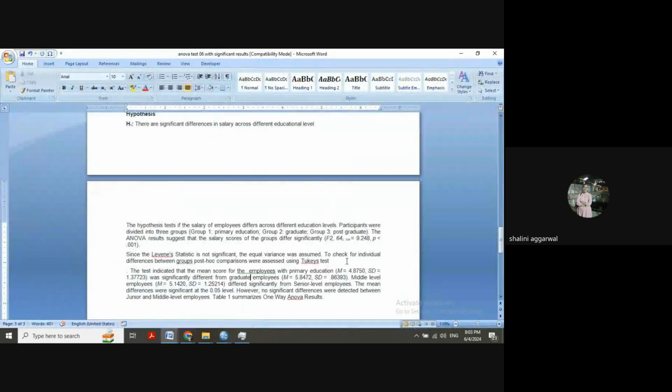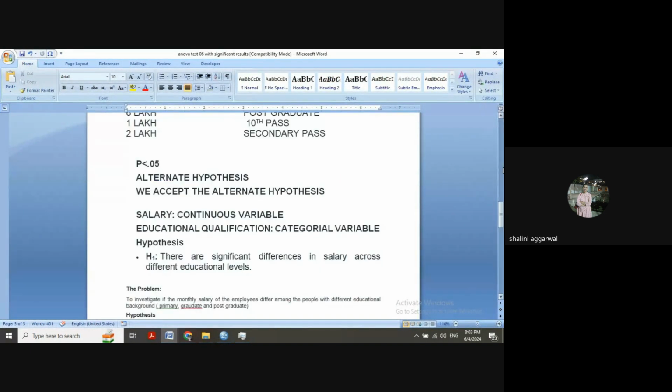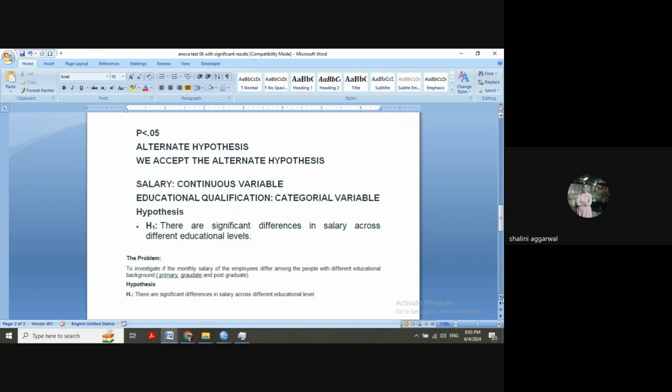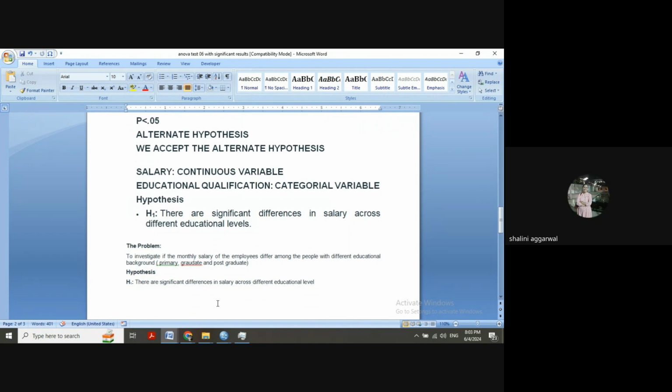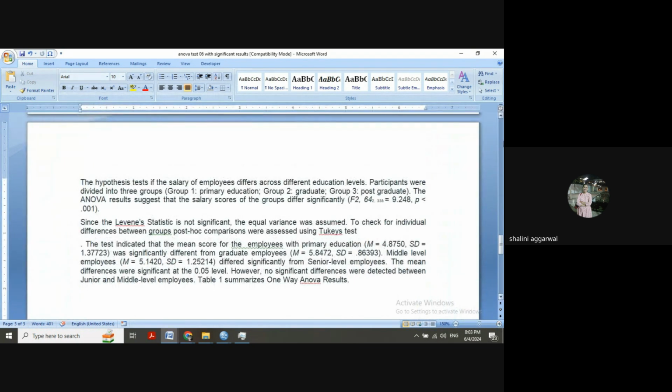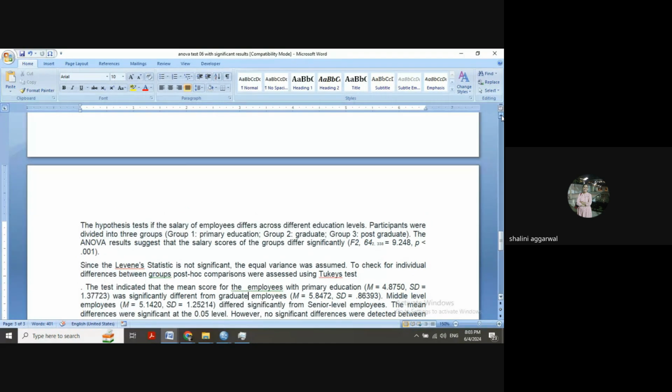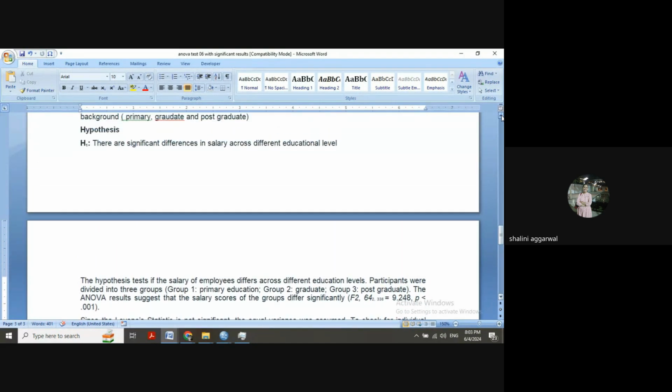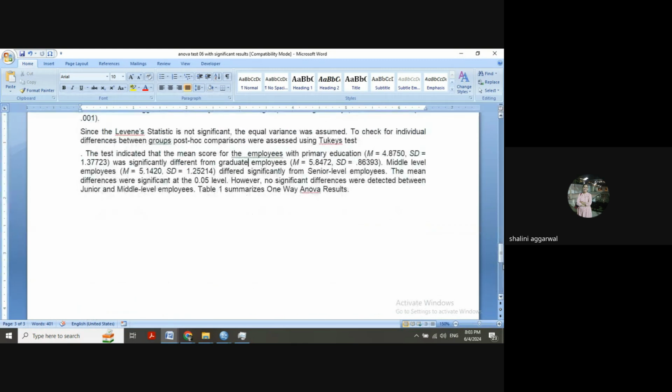Let me give you an example. This is another example with me, and inside it you can write how to write this. This is how you have to write the analysis at the end, how you will be giving this. What I will do is send you this file as well.